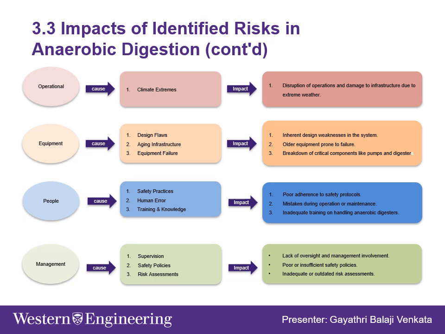People-related risks include poor safety practices, human error, and inadequate training, which can lead to operational mistakes and safety hazards. Management risks like lack of oversight, poor safety policies, and outdated risk assessment can jeopardize the operation's safety and efficiency.